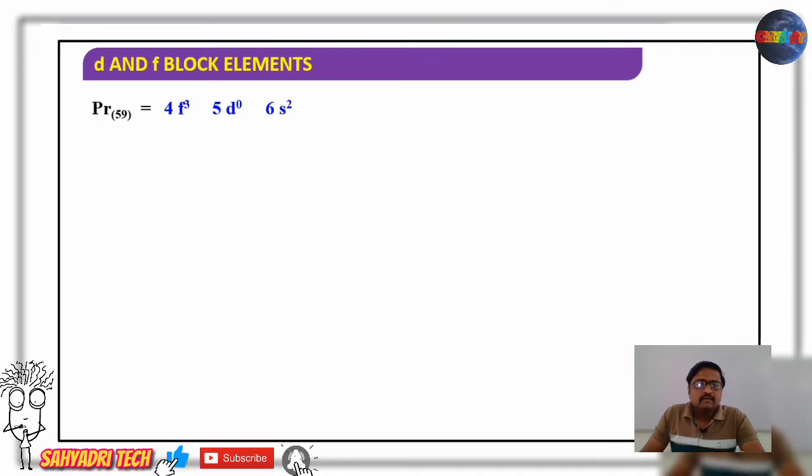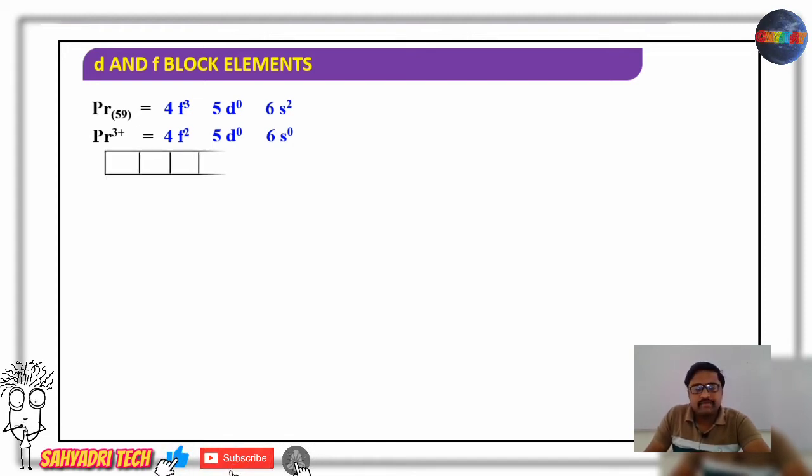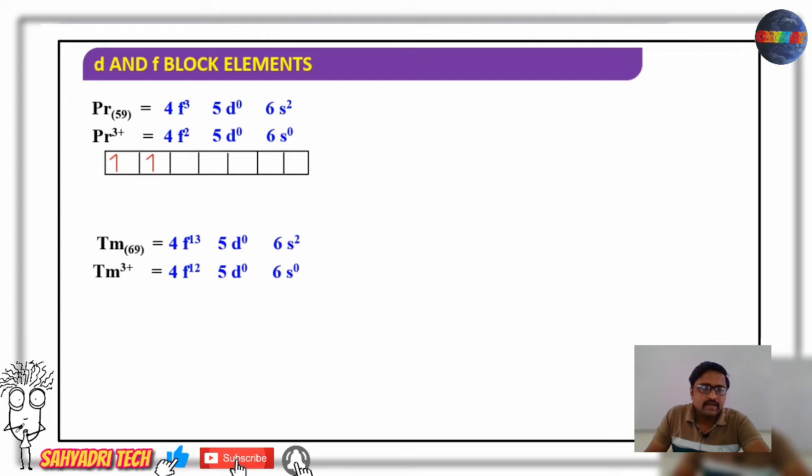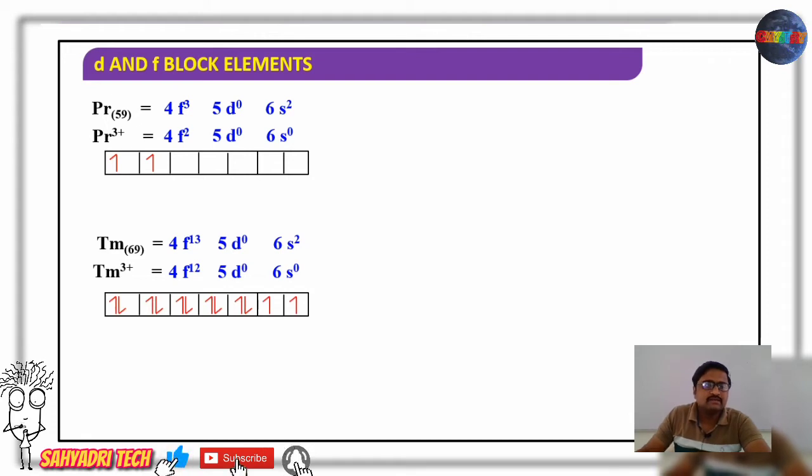Then promethium, 4f3 5d0 6s2. Promethium 3+ means 4f2, which means there are 2 electrons in the f orbital. Similarly thulium, Tm 4f13 5d0 6s2, thulium 3+ is 4f12. Considering the distribution of electrons, there are 2 unpaired electrons.